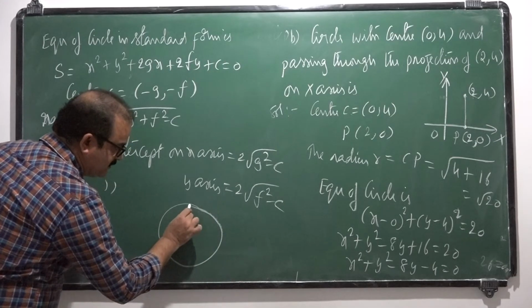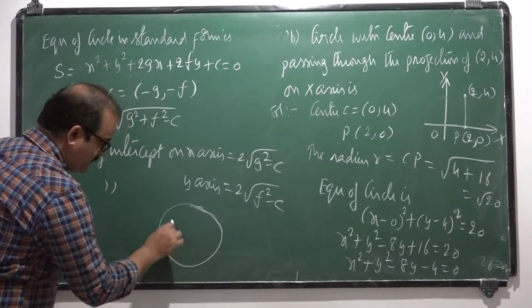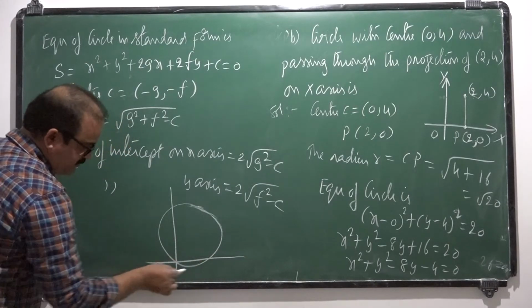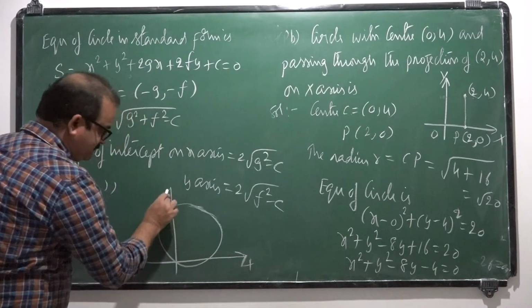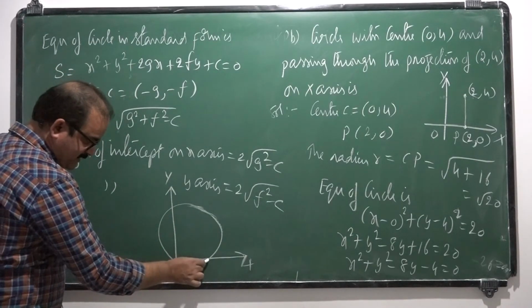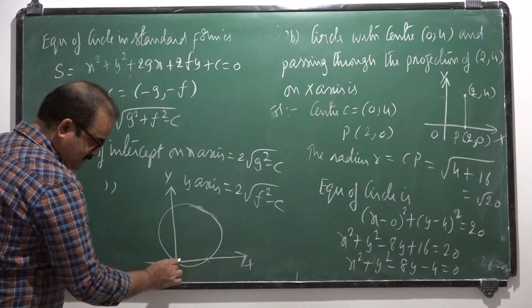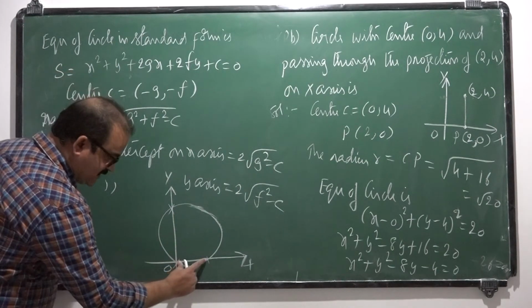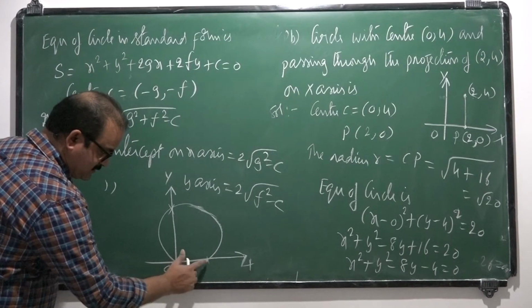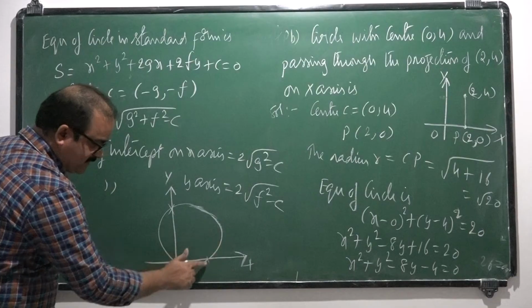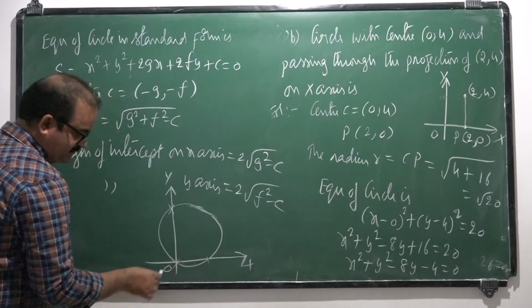Let us see. This is the circle. These are coordinate axes. This circle intersects the x-axis at 2 points and the y-axis at 2 points. This distance on the x-axis is the intercept made by the circle on the x-axis.